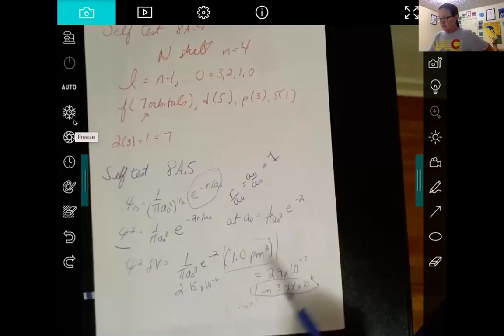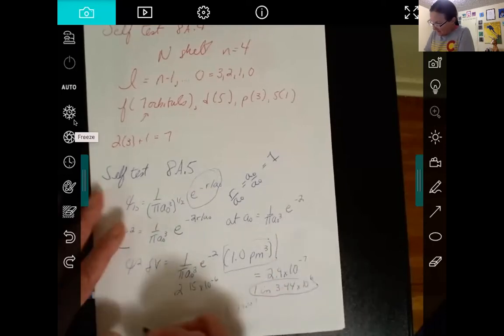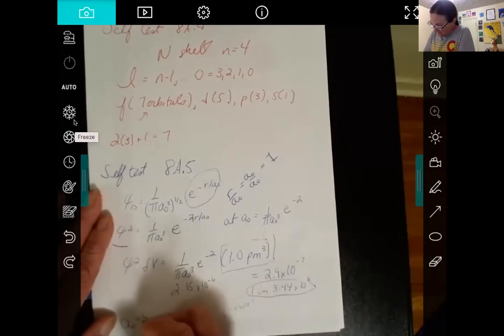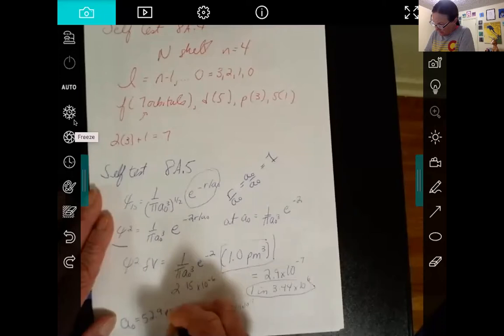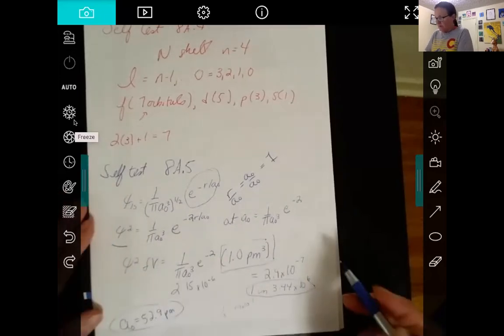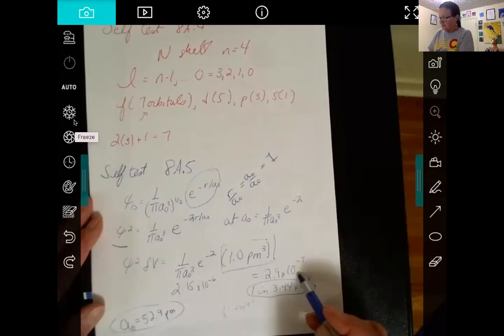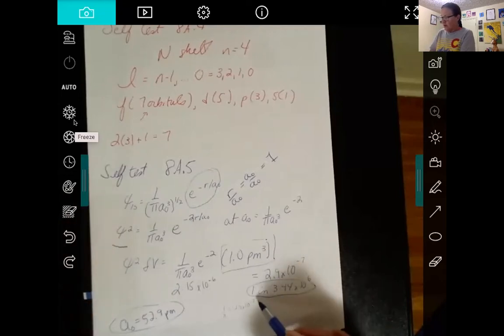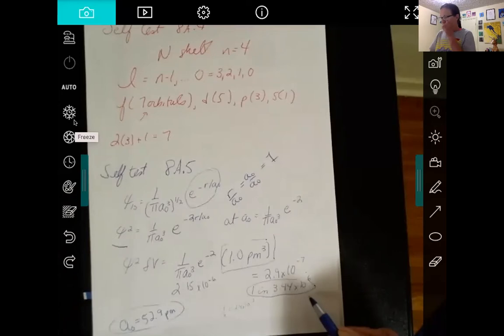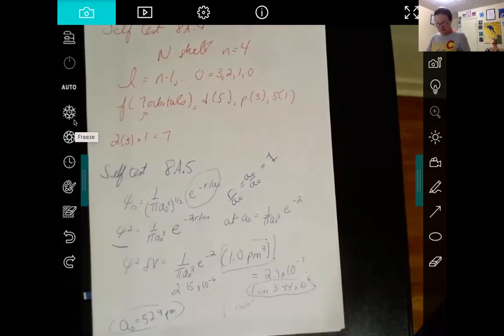This whole thing has to be unitless because it's a probability. We have a0 equals 52.9 picometers, which was given in the problem before. When you plug in, you end up with 2.9 times 10 to the minus 7, or a chance of about 1 in 3.4 million that if you look for the electron, you'd find it in that position in space.